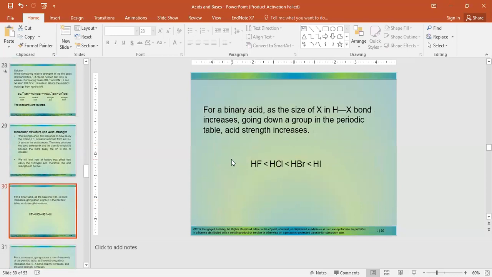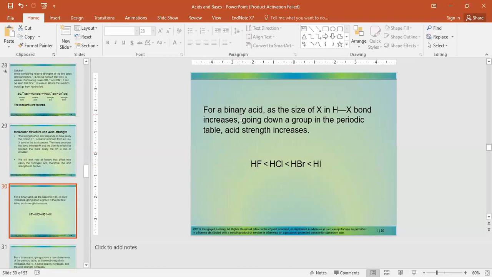I'm going to start with this. A binary acid is one composed of atoms of two elements only, for example hydrofluoric acid, hydrochloric acid, hydrobromic acid, hydroiodic acid.